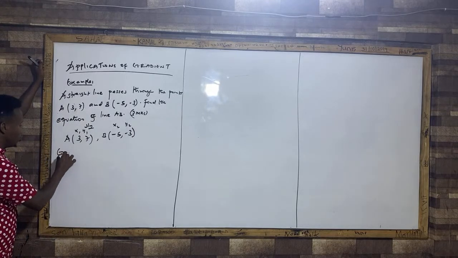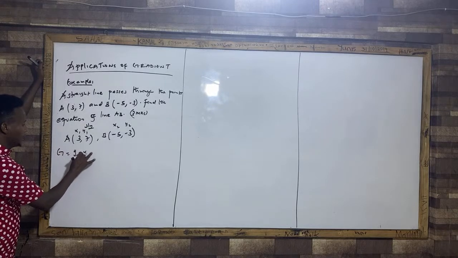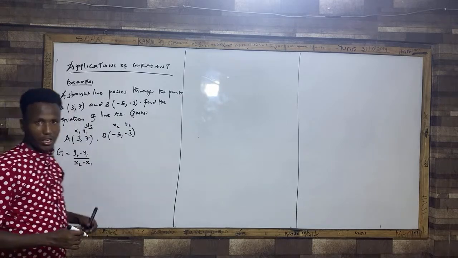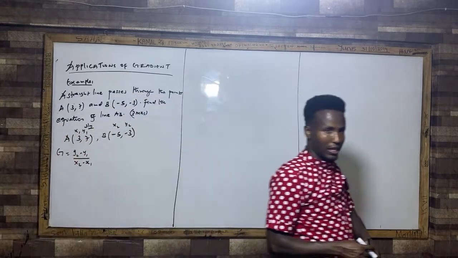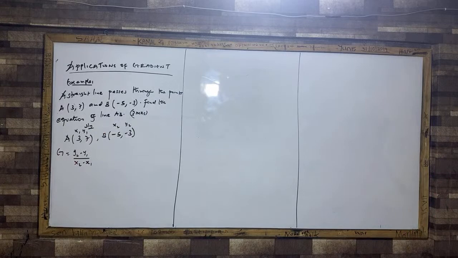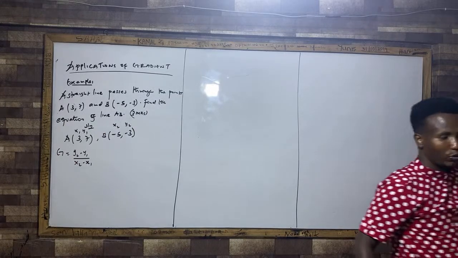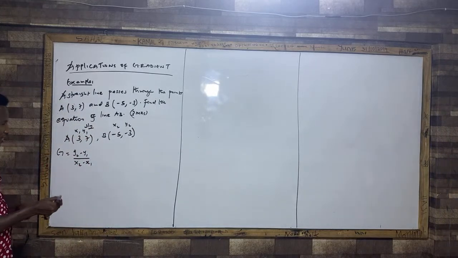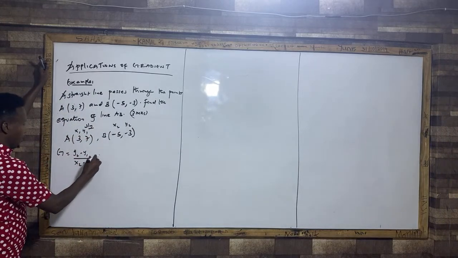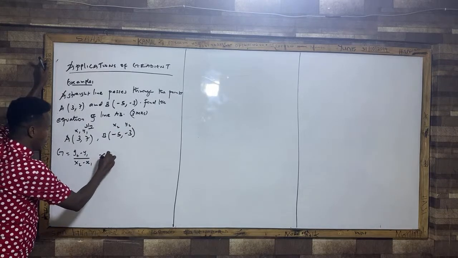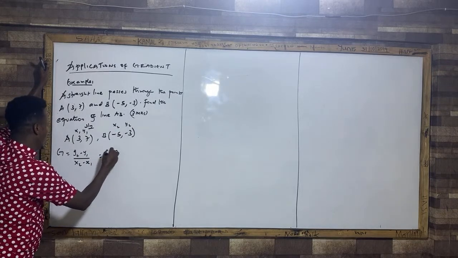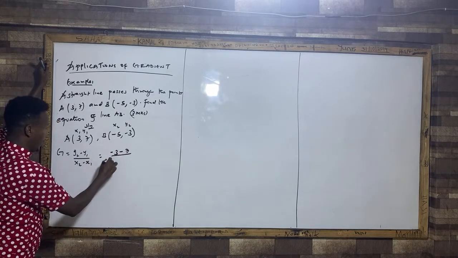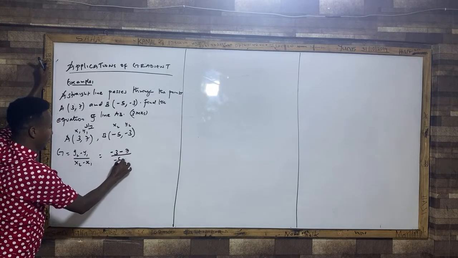We know that gradient G is equal to y2 minus y1 divided by x2 minus x1. This is how we get the gradient of a line. Let's get our gradient. Our y2 is negative 3, minus y1 which is 7, divided by our x2 which is negative 5, minus 3.